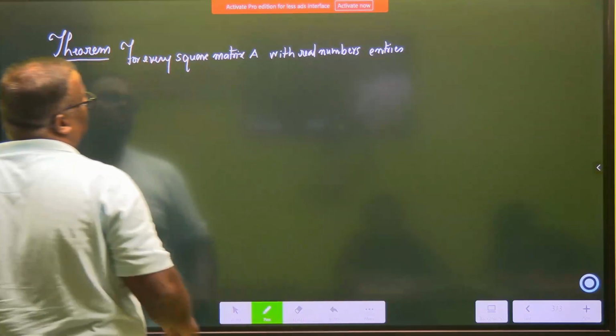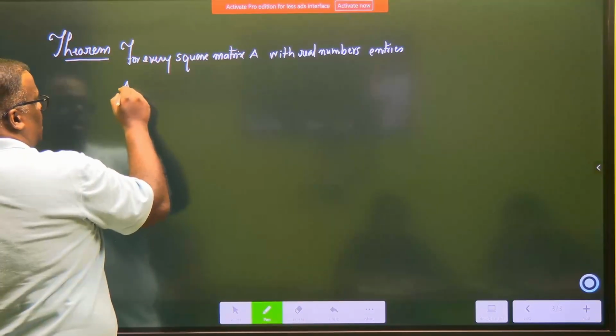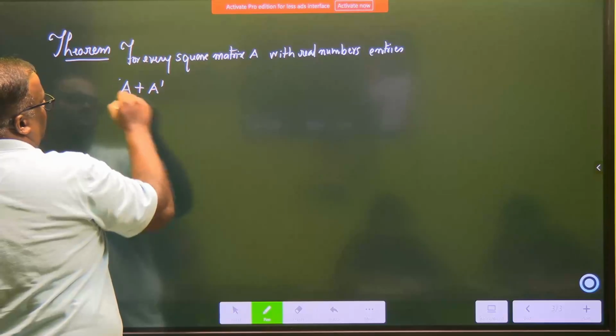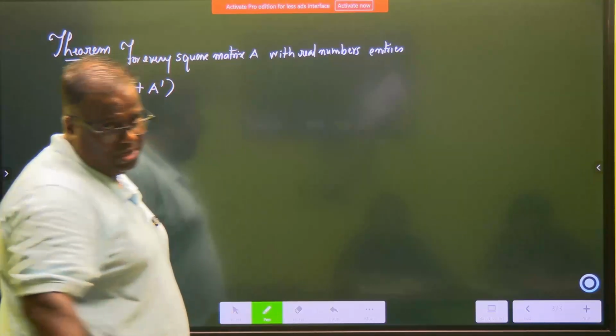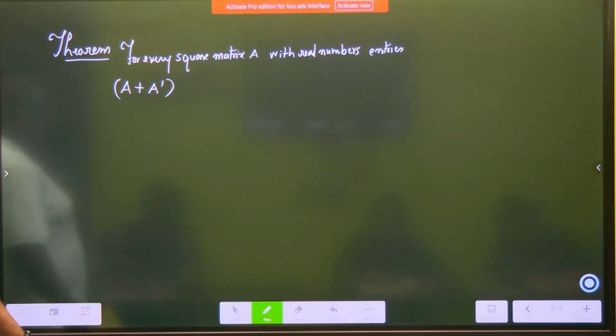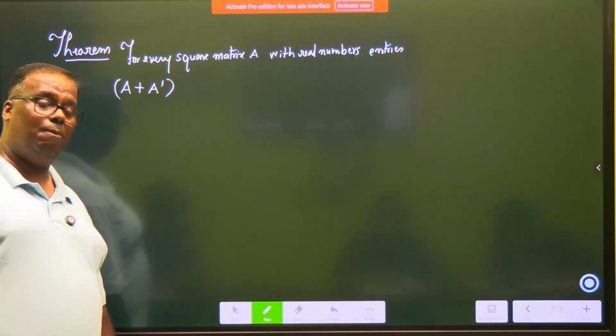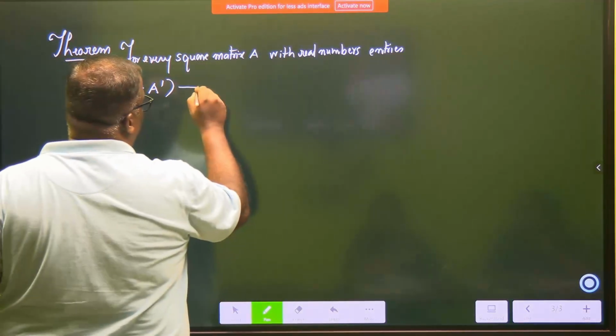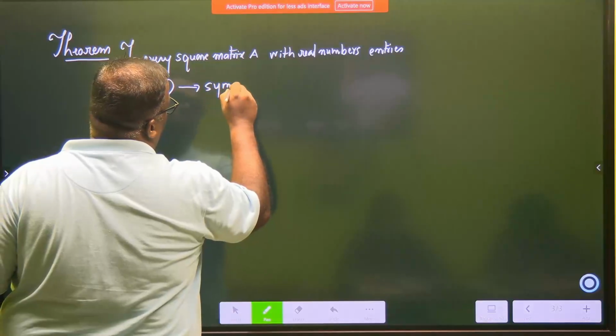Look at it. It says A plus complement of A. Now A plus complement of A will also be a matrix, agreed? For every square matrix A with real number entries, A plus this will be a symmetric matrix.